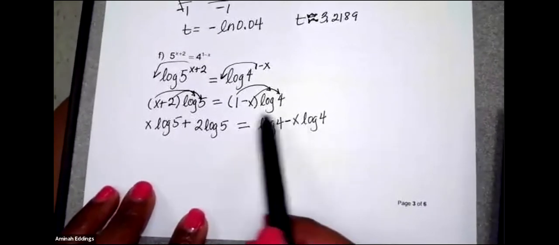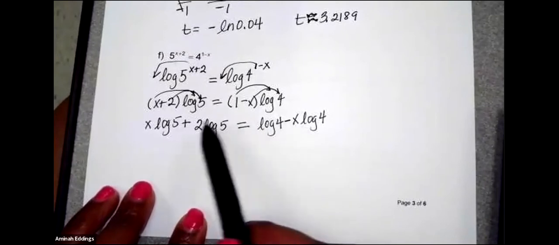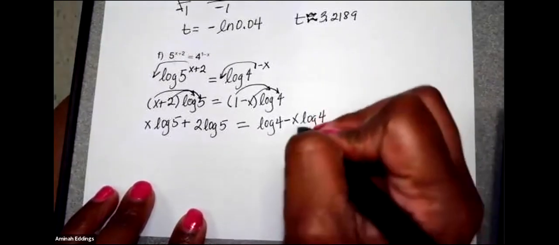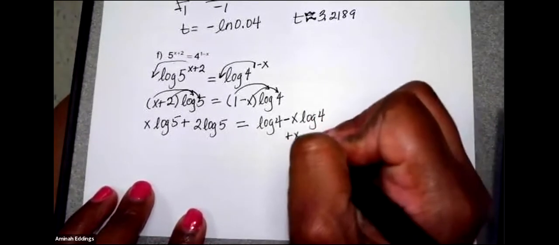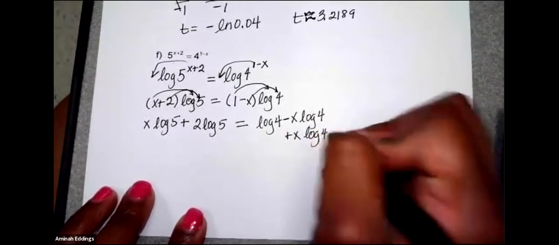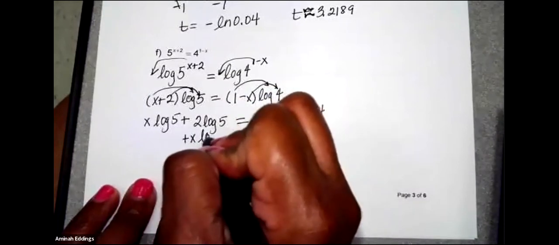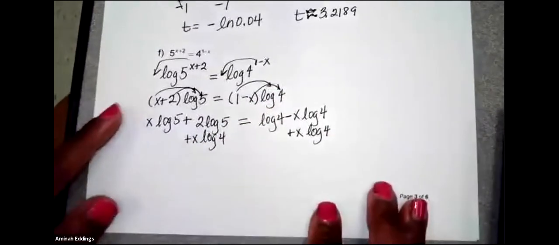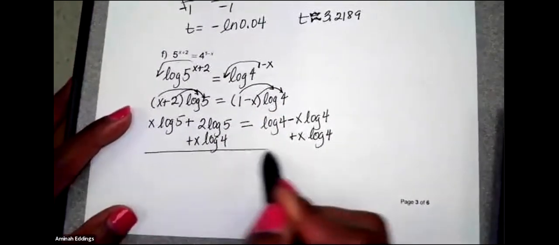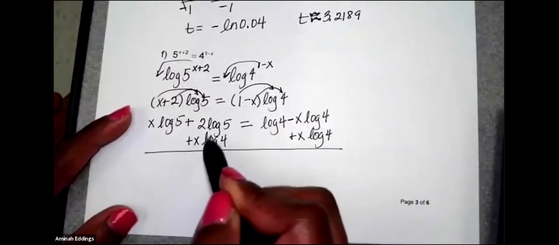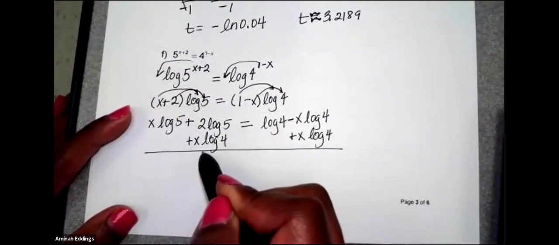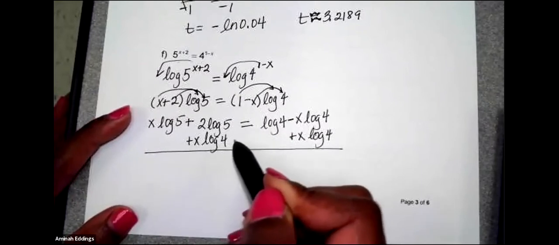So I'm going to move this x log 4 over. And since it's subtraction, I'm going to add it. So x log 4 plus x log 4. Now, I can't combine this together because this is a 2 and that's an x, and that's a 5 and that's a 4.